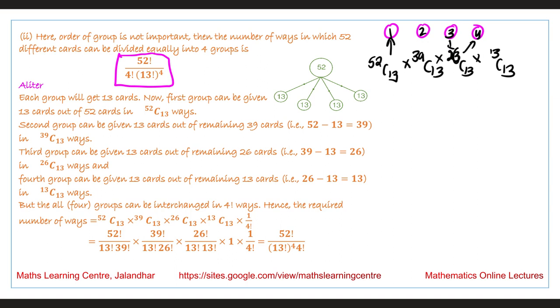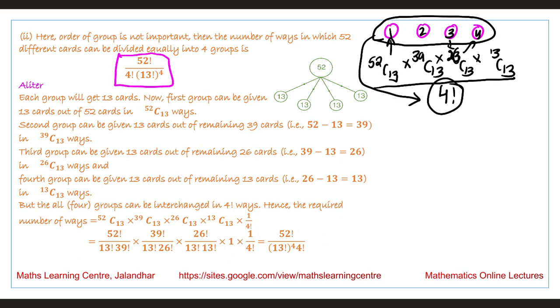This thing we have already seen in our previous case, but in addition to it, we are given that the ordering is not there. So we have to divide this value by 4 factorial, because these groups can be interchanged in 4 factorial ways. So we are dividing by 4 factorial over here.